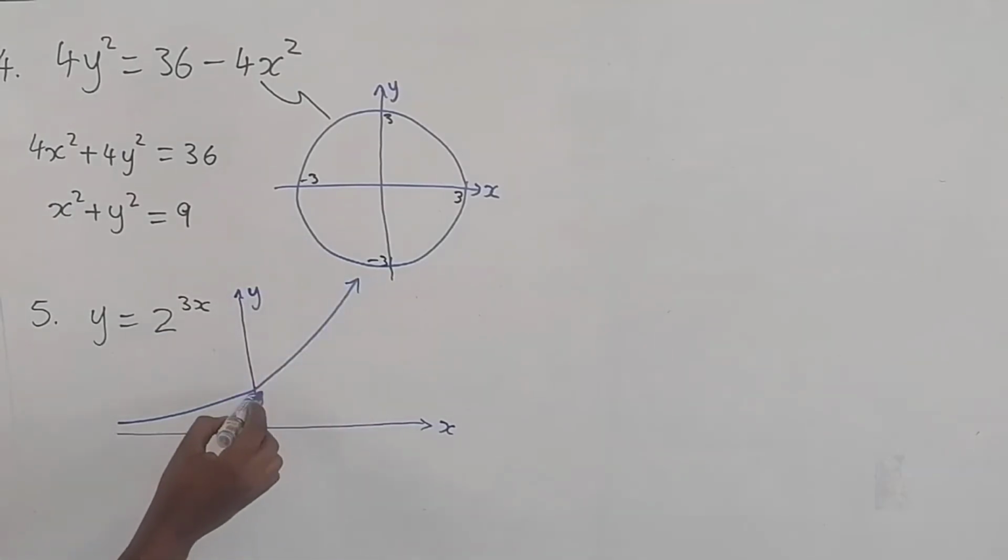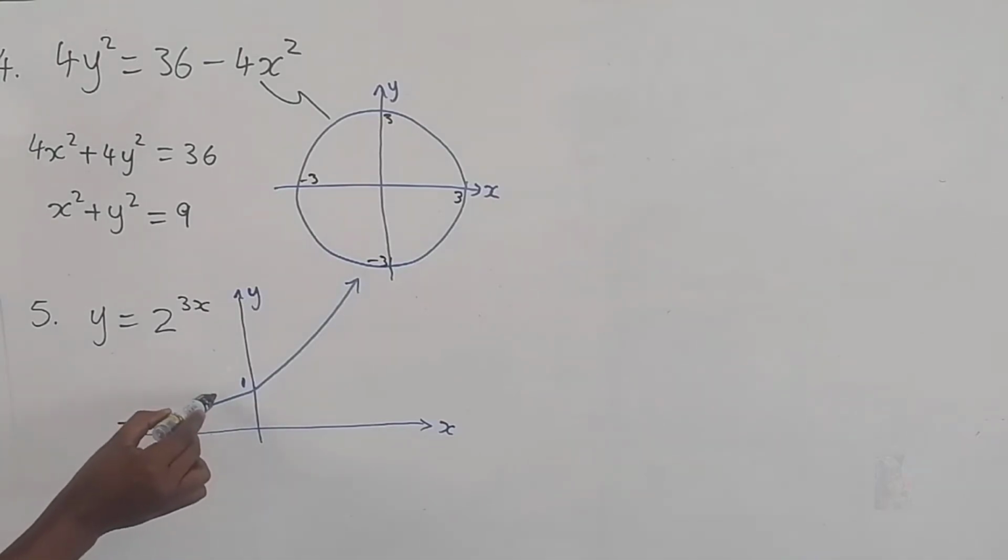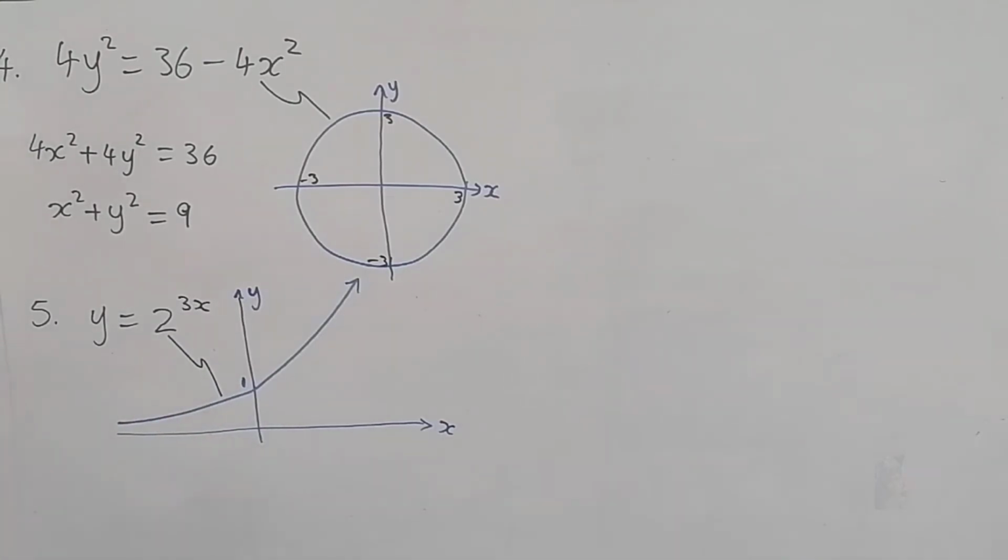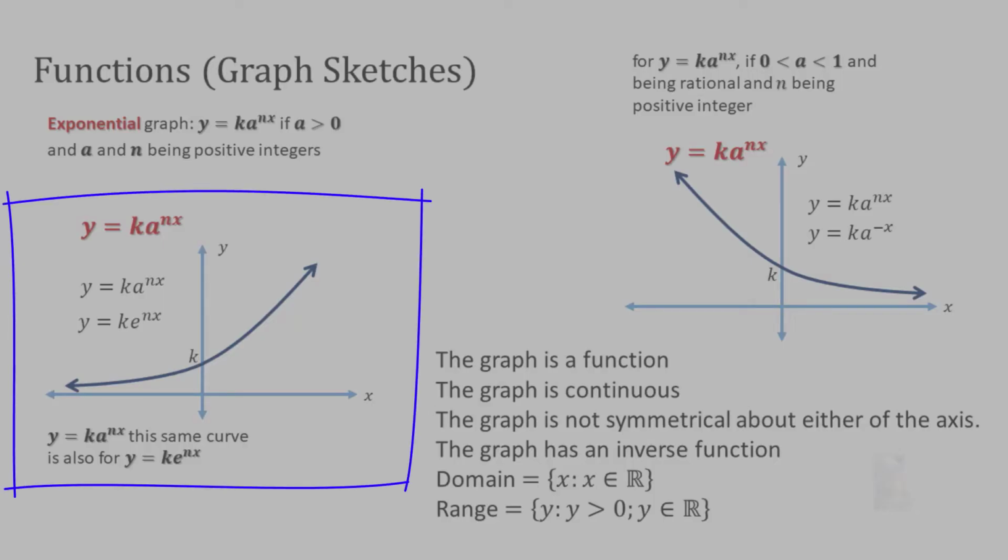So the exponential graph is drawn in this way. It always intersects at 1, and then you have its shape, and lastly you have to label it. That is how we draw an exponent graph. Don't try to have a table. We don't need tables anymore now. Just go straight to those three things. Just make sure the shape is correct, the intercept is there, and the formula is also there.